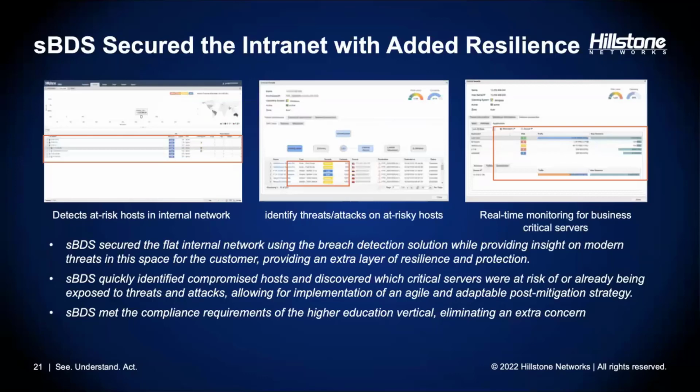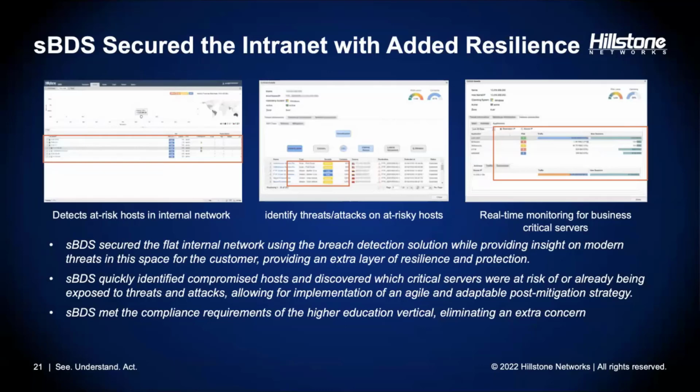When the SBDS was deployed, many of the pain points were solved rather quickly, and some additional benefits were brought to the table. For starters, SBDS's comprehensive visibility attained through various dashboard and viewpoints allowed the customer to be able to quickly detect at-risk hosts in the internal network, preventing potential further exposure to critical servers.